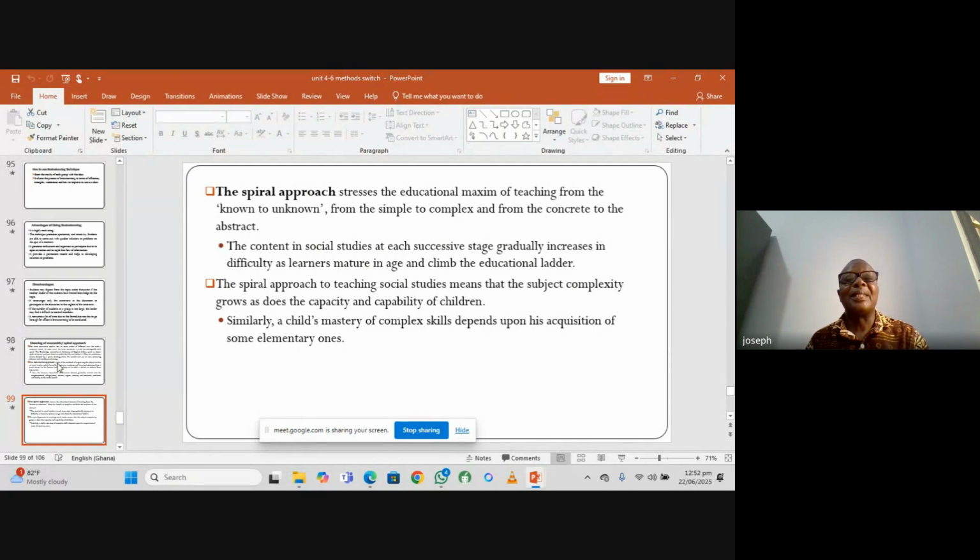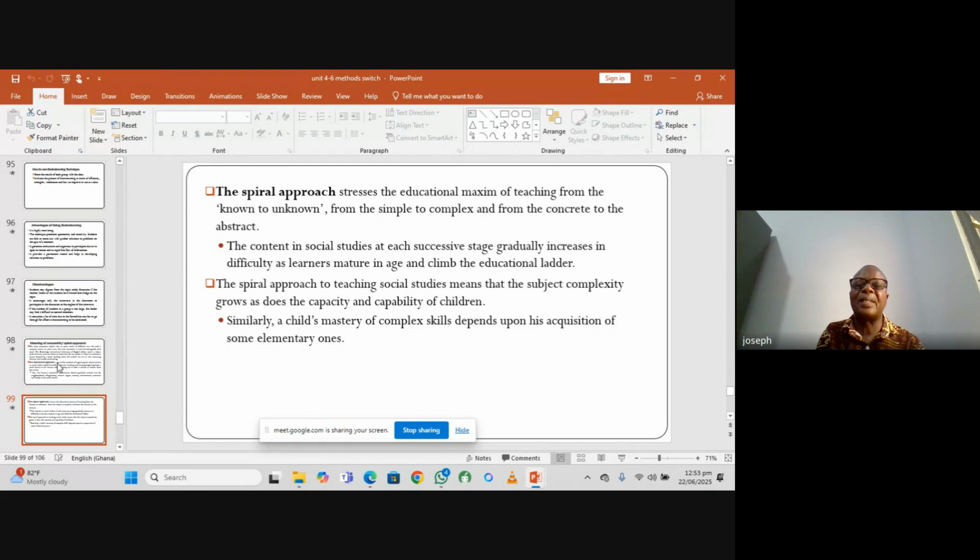So the content in social studies at each successive stage gradually increases in difficulty as learners mature in age and climb the educational ladder, as I explained. The spiral approach to teaching social studies means that the subject complexity grows, as does the capacity and capability of the child. Similarly, a child's mastery of complex skills depends upon the acquisition of some elementary ones.